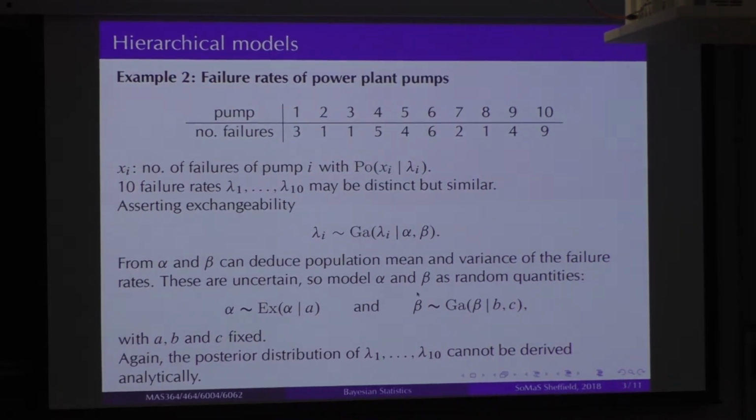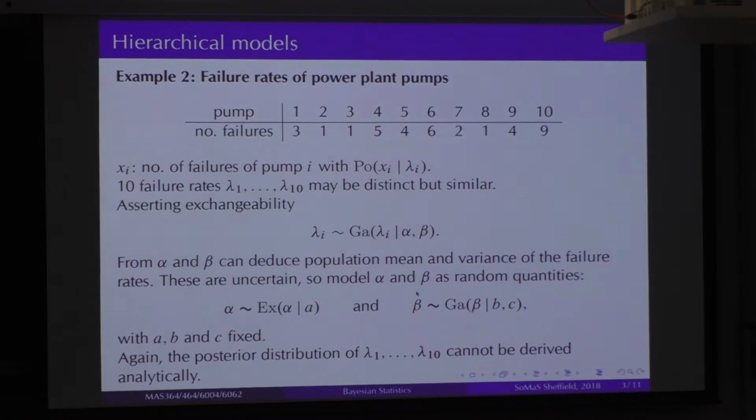I probably don't have time. Yeah, I'll do that in the next lecture. So I'll go through the next example just to try to highlight how this works. Okay. So this is the second example in your notes, and these are failure rates on pumps of power plants.